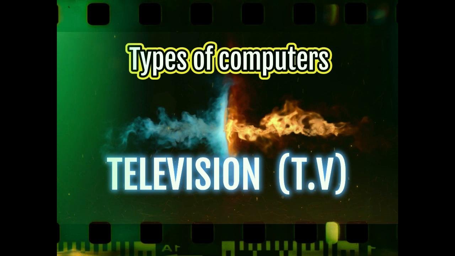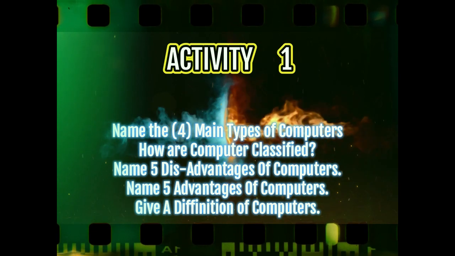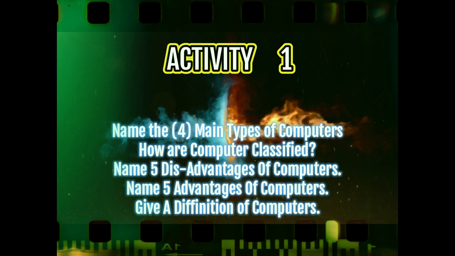We are still on activity 1, module 1, and now let me also send you some few questions that you can practice. Activity 1. Name the 4 main types of computers. You can send it on my YouTube channel.